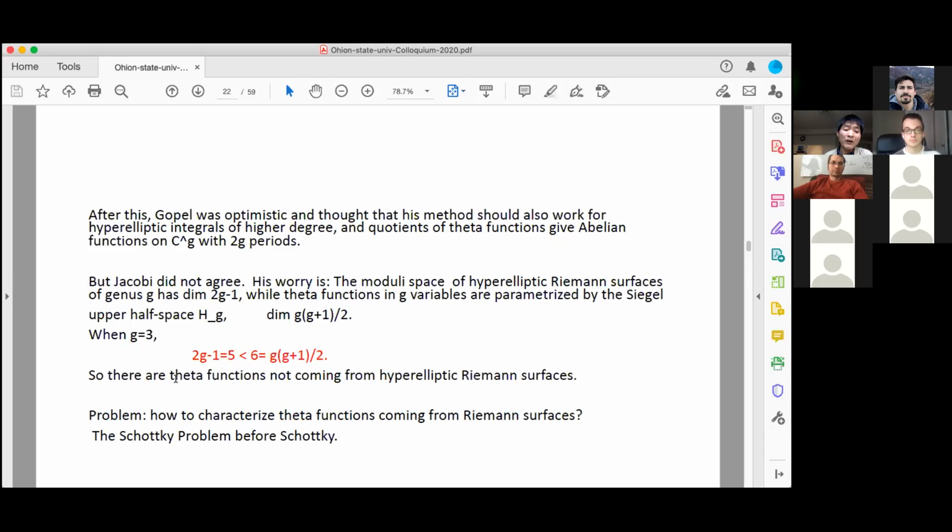So there are more theta functions than those coming from hyperelliptic Riemann surfaces. So you have some abelian functions which don't come from hyperelliptic integrals. So here's the problem: how to characterize theta functions coming from Riemann surfaces. That's the Schottky problem before Schottky. Okay, that's Jacobi.